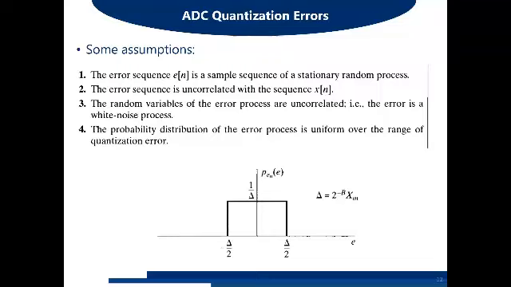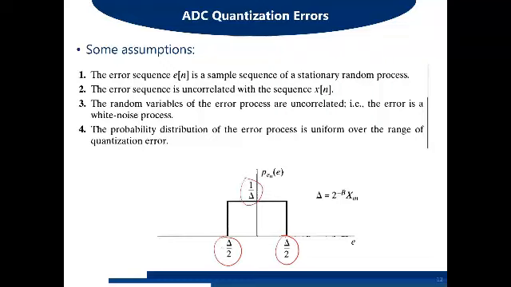As we have already discussed, the maximum quantization error can be delta by 2 in either direction. It can be up to delta by 2, and at minimum it can be minus delta by 2. So the overall range of this quantization error is from minus delta by 2 to delta by 2. So we can model this quantization error as a uniform random variable from minus delta by 2 up to delta by 2.